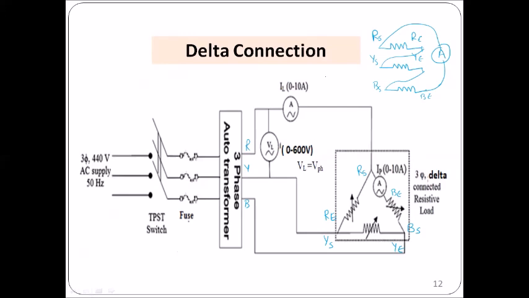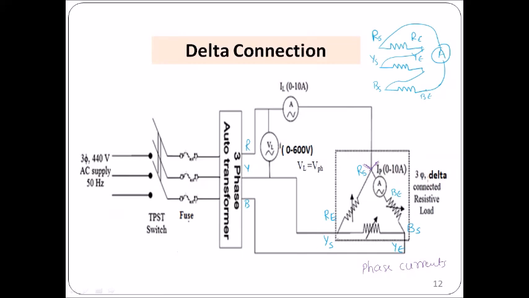For delta connection, as we can see, this is the line current. Whenever this line current enters here, it gets divided into two currents. The currents within this delta connection, within this mesh, are called the phase currents.